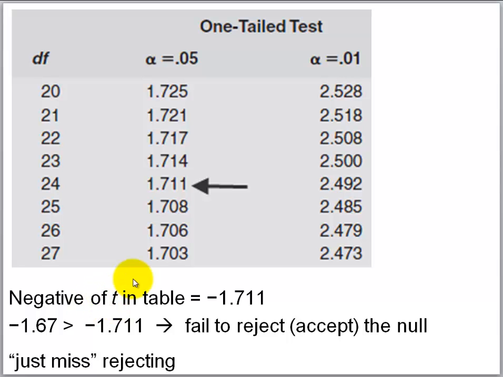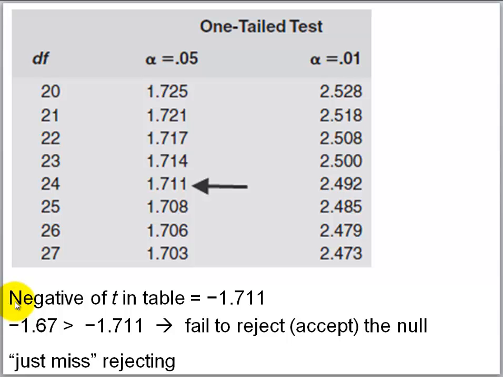So for instance, the negative of 1.711 is minus 1.711. And indeed, we have 24 degrees of freedom, and we have an alpha level continuing to be 0.05, and the difference in terms of our referencing of the table is that we're on the far right side of the table in the text, and we're under the columns for the one-tailed test rather than for the two-tailed test.